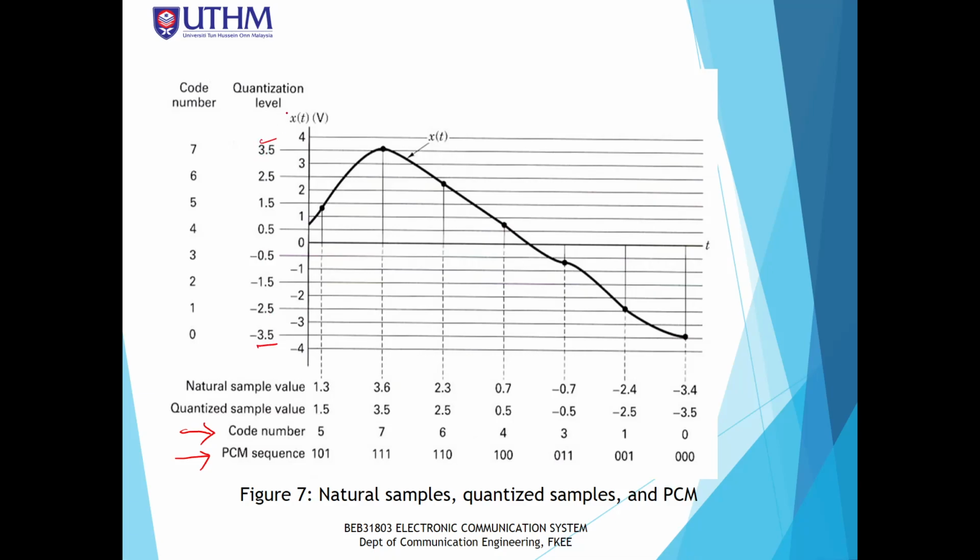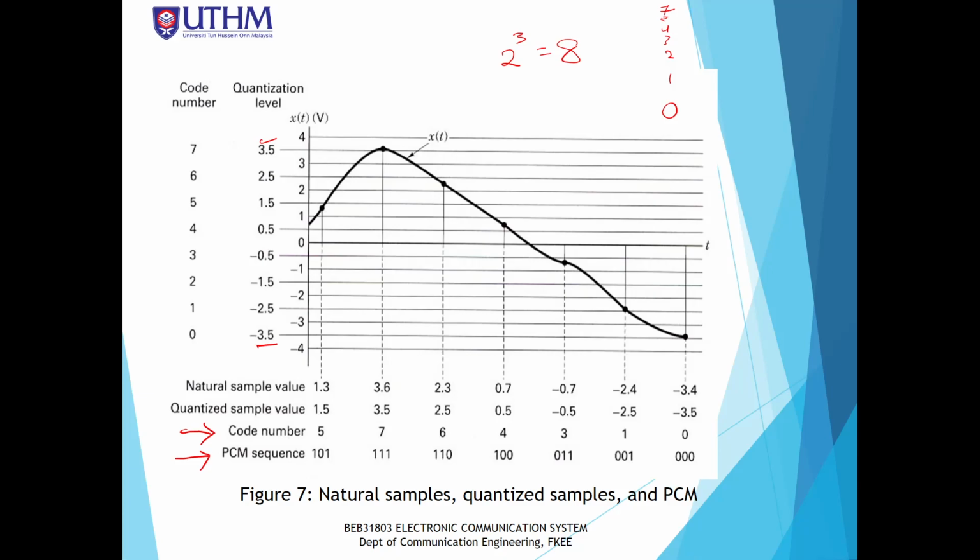Since we have 8 levels, that means we are using 3 bits to produce 8 levels of quantization, numbered 0, 1, 2, 3, 4, 5, 6, 7.